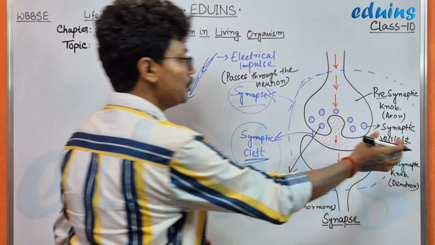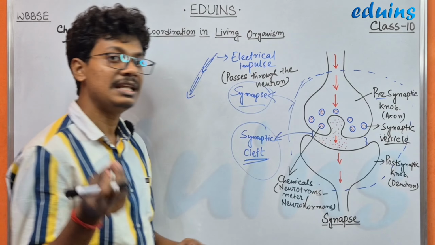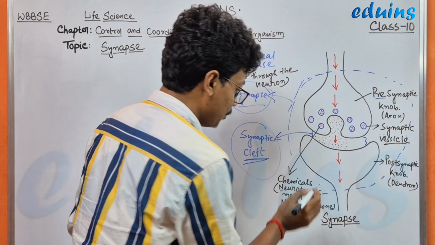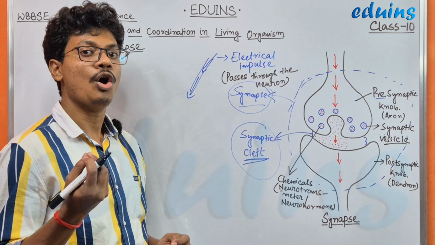So these synaptic vesicles mainly contain chemicals known as neurotransmitters or neurohormones.